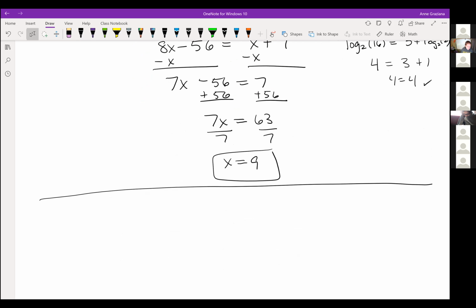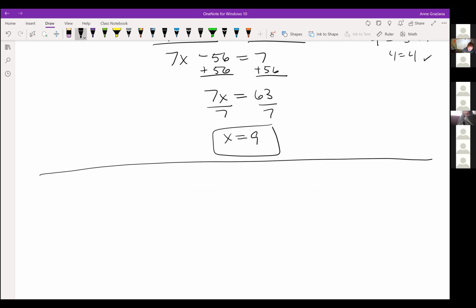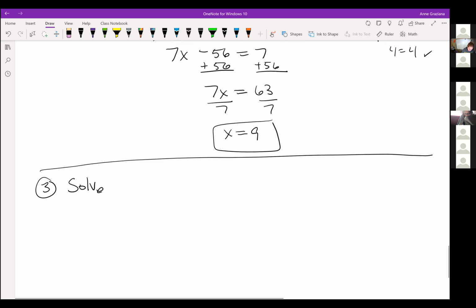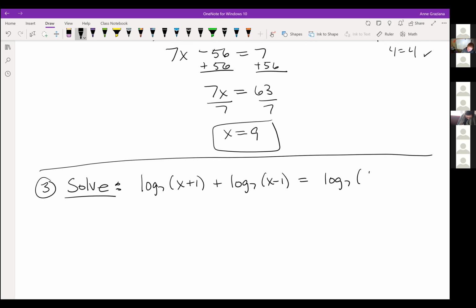Let's do this one. I want to show you one. So make sure I don't run out of time. Okay. Log base 7 of x plus, I'm sorry, this should be x plus 1, plus log base 7 of x minus 1 equals log base 7 of 8.